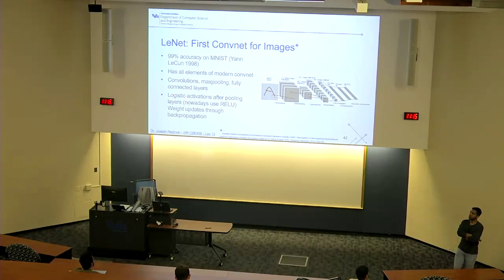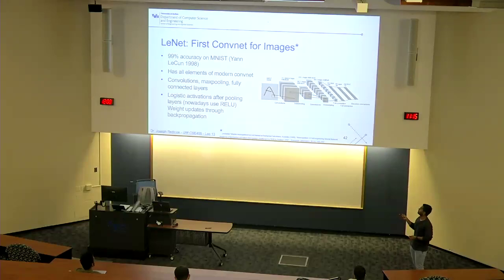There's a lot to catch up on, and quite possibly the first architecture that resembles what we know today to be a convolutional neural network was LeNet, which Jan LeCun came up with in 1998.